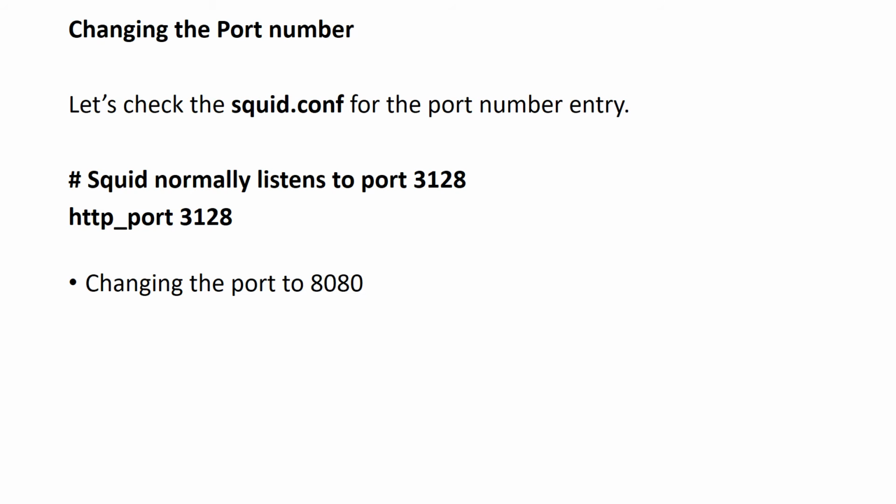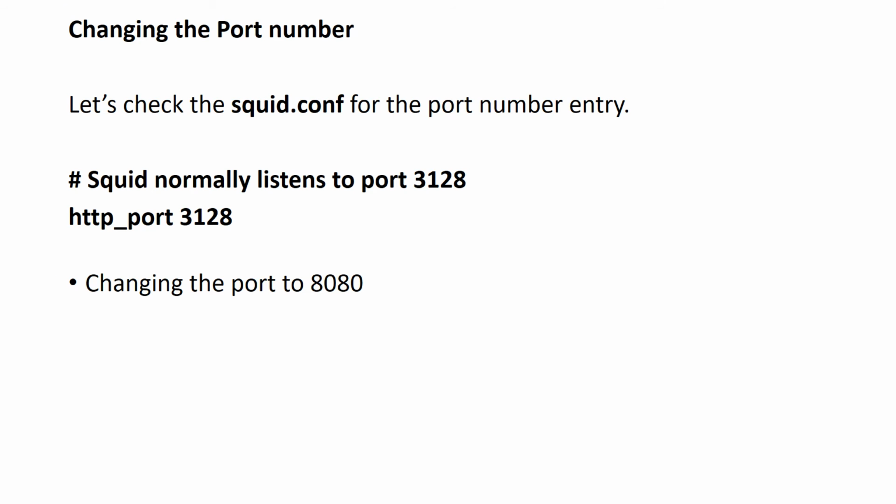Imagine there is a door number 3128 and a visitor comes to that number. He will knock on room number 3128. This is the inlet to the service. The service we are running is Squid, and Squid listens at door number 3128, or port number 3128 if you say it technically.